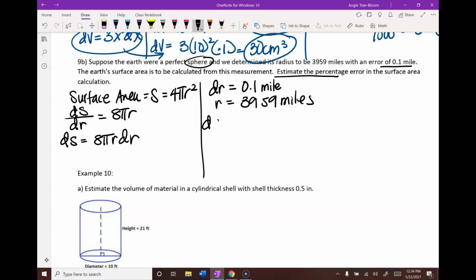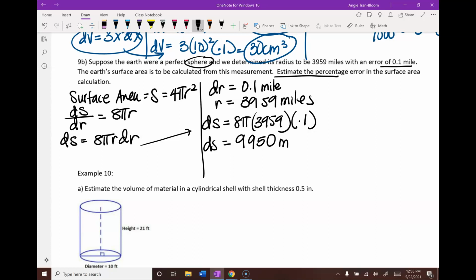So for the change in surface area, we're going to use this formula, which is 8 times pi, the radius 3959, and the change in radius 0.1. We are going to bust out my calculator. Okay, this is going to give me 9950, and the surface area, so miles squared.